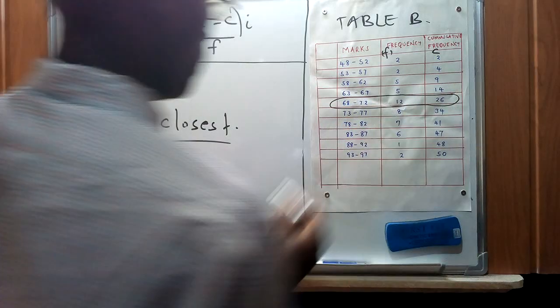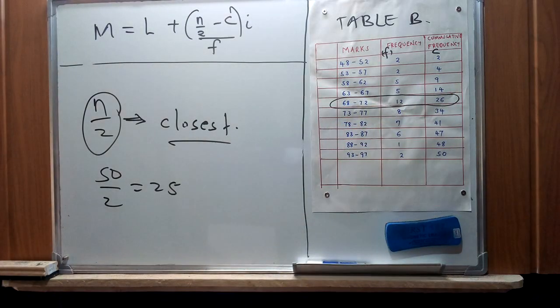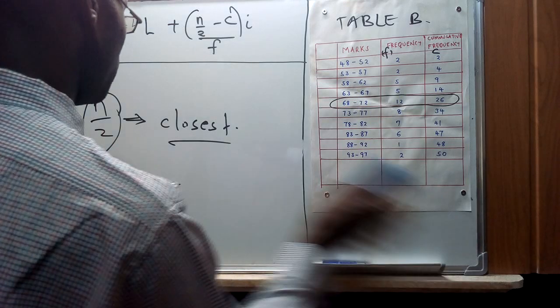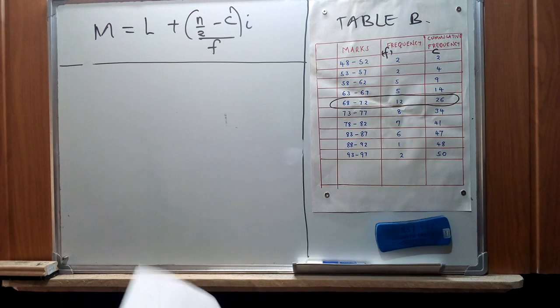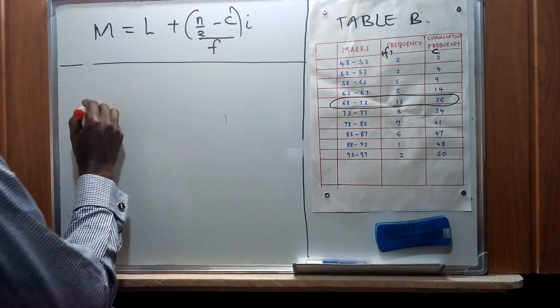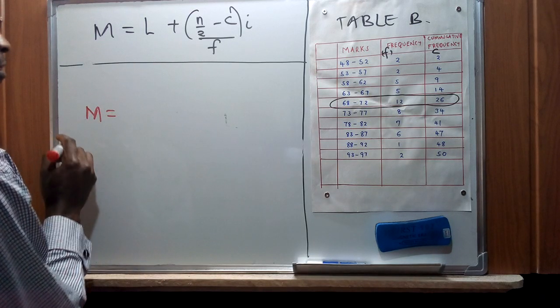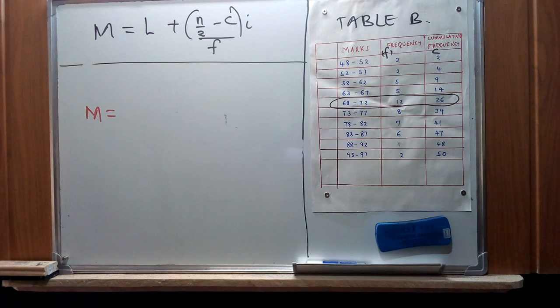So at this point, we will identify our median class as a class that has that frequency, that range of data, and the cumulative frequency. So therefore, if we are requested to find the median from this range of data, we will apply our formula and write that the median can be given as L. L, in our case, we said is the lower limit of the median class.